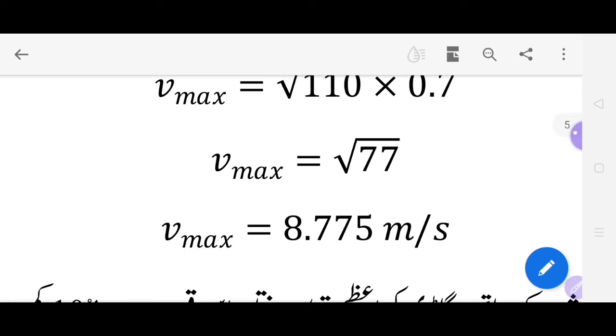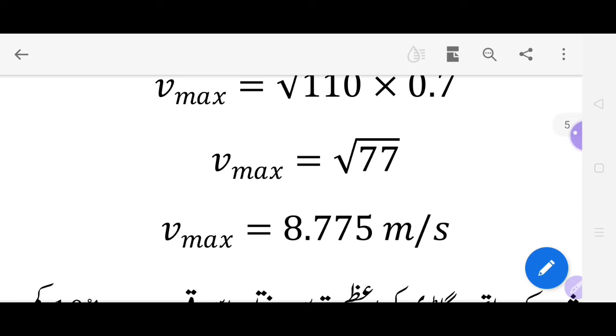But in our problem it is asked that we have to calculate the 10% margin of this maximum limit. As this is the maximum limit, the 10% margin will be the 10% less. We have to calculate the 10% less value of this V max.